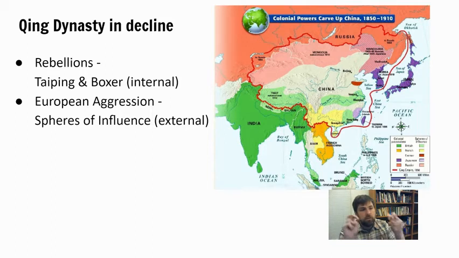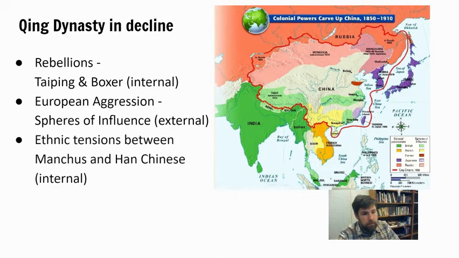We call these spheres of influence. So they're not colonies per se, but they're places in China where European powers have control over parts of China, not a full-fledged colony.